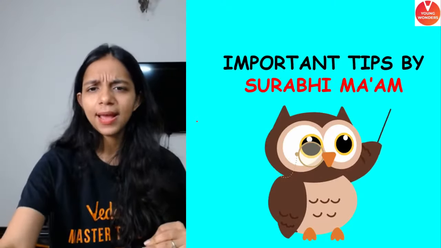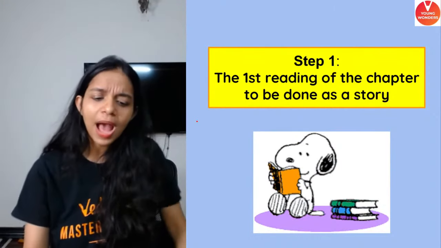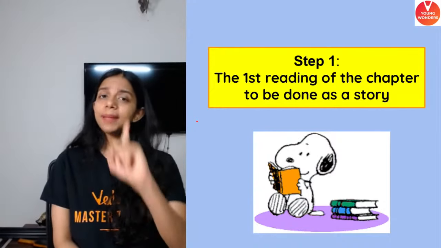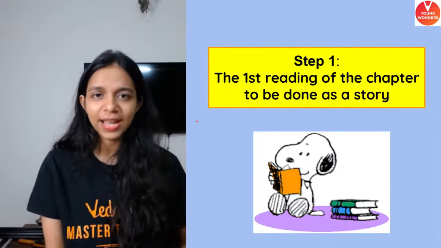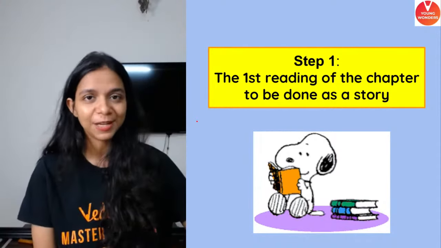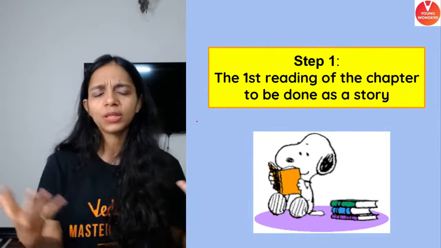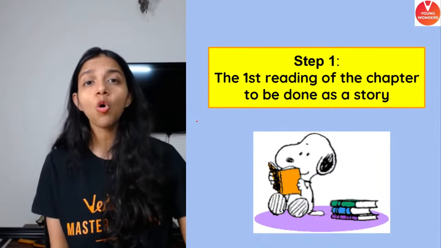Let's understand this through quick tips, right? First thing that you have to do when you study social studies is, the first time that you are reading the chapter, do it as a story. When you come to my online class, in the Vedantu Pro subscription, or when you come to your YouTube classes, you must have noticed, I explain the entire history chapter as a story to you.